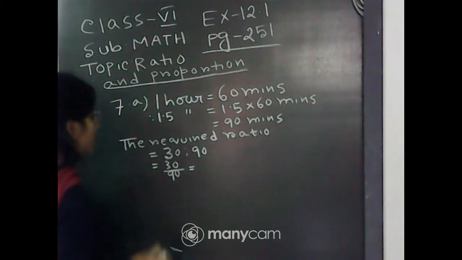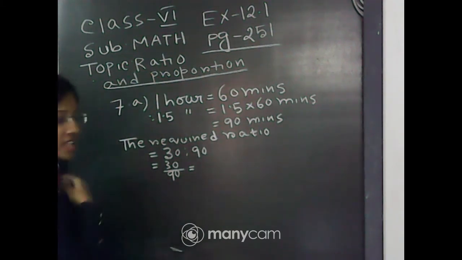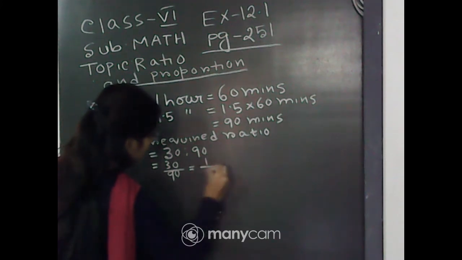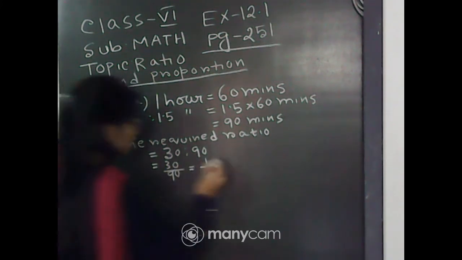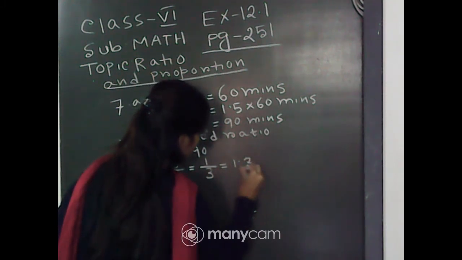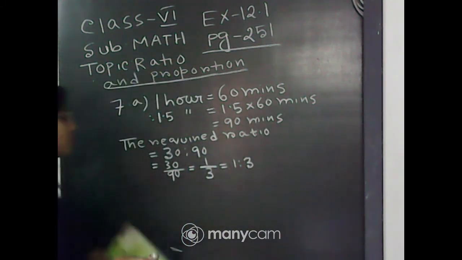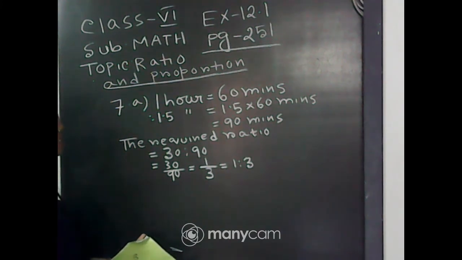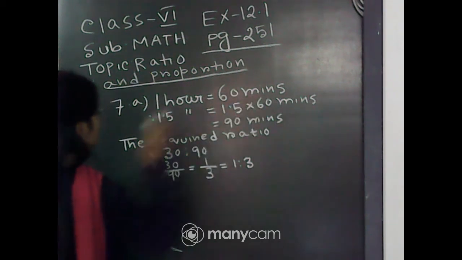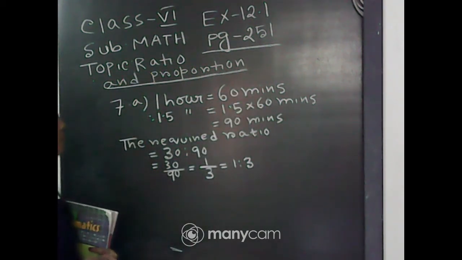Now we divide both the numerator and the denominator by 30, and we get this is equal to 1 divided by 3, that is 1:3. Therefore, the required ratio is equal to 1:3.